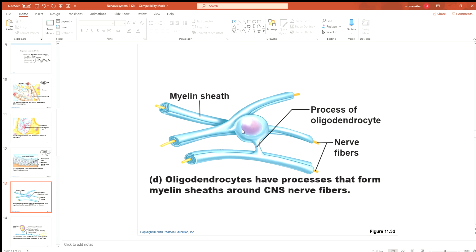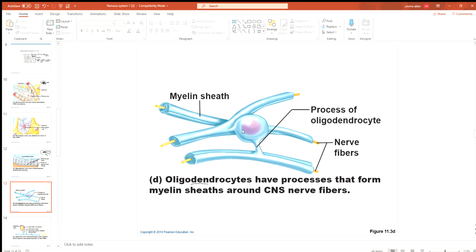Now you remember the last three types of neuroglial cells I mentioned form insulation. So this is one of those three, oligodendrocytes.